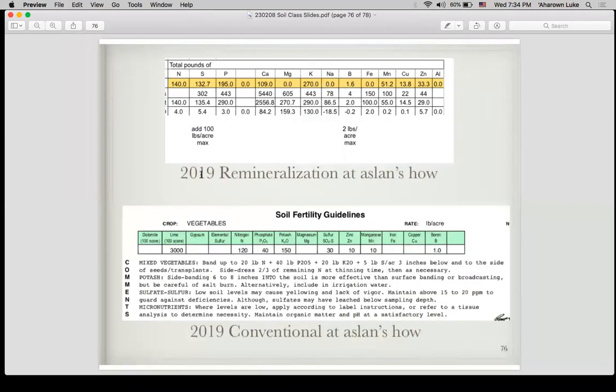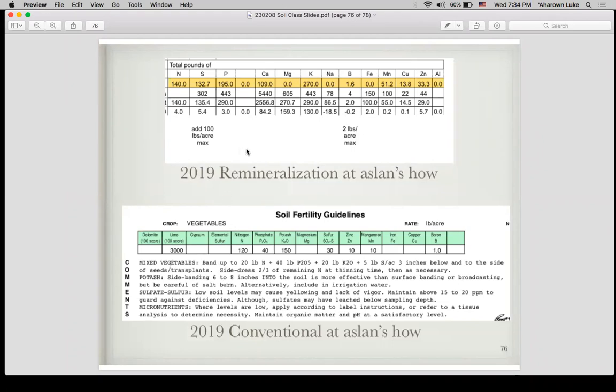So in 2019, I figured out the nutrient dense fertility scheme based on pounds per acre deficit. And then I compared that to results I got from Logan Labs, and I got the conventional lab to give me results.